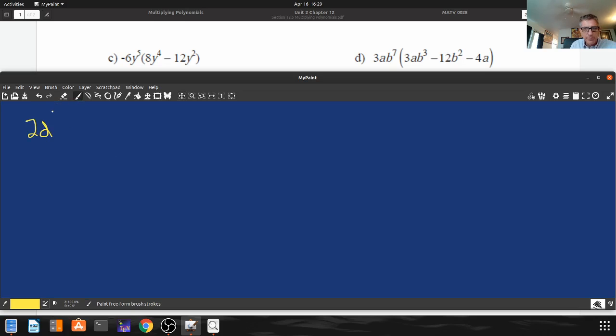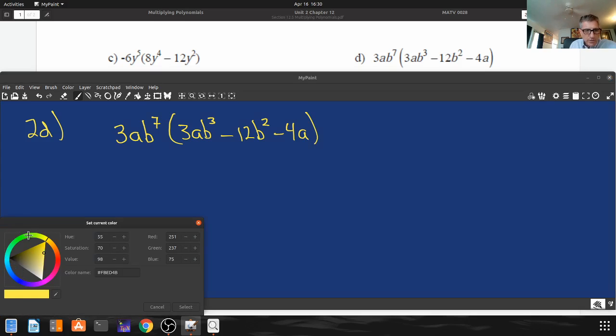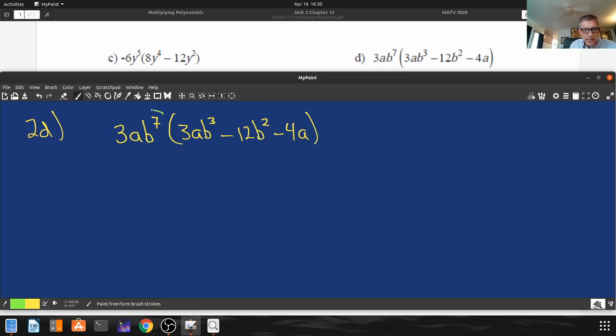In 2d, we have 3ab to the 7th power times 3ab cubed minus 12b squared minus 4a. So what we do again is we take this outer term and we distribute it to each of the terms in parentheses.